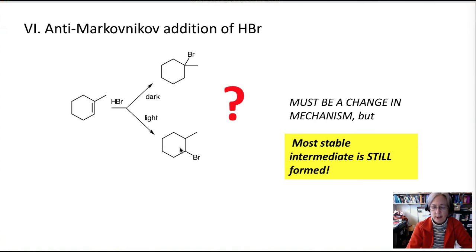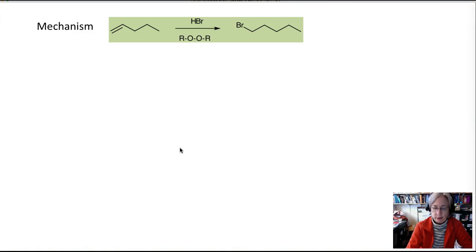So what's going on here? What's going on here is that the most stable intermediate is now a radical, not a carbocation. So here is an example where we're adding HBr in the presence of peroxides to 1-pentene, and we get 1-bromopentane, the anti-Markovnikov product.